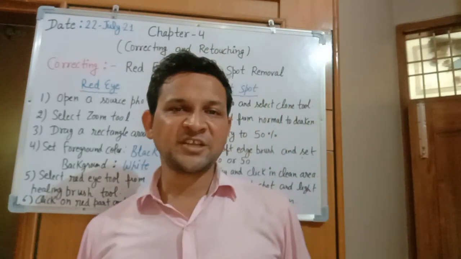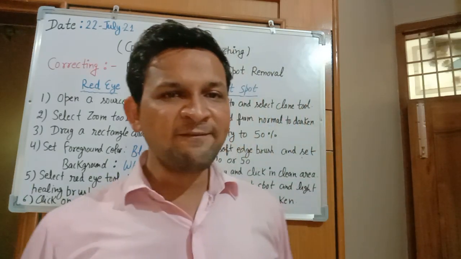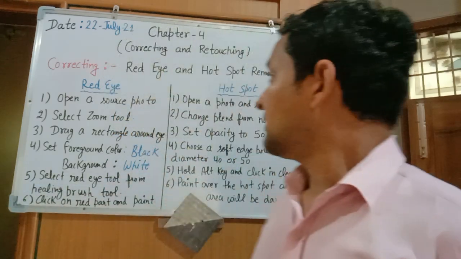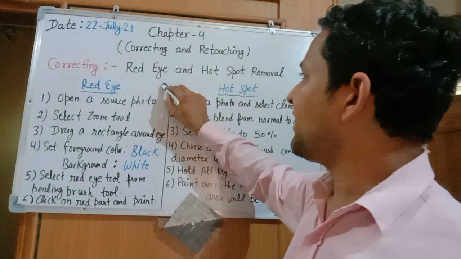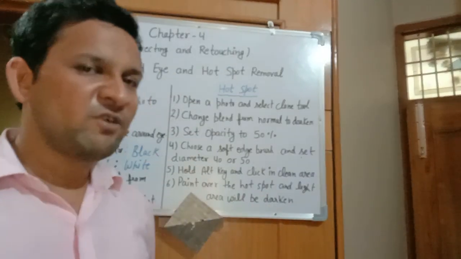How to make corrections in Photoshop software when we have a photograph that is not up to the mark. There are some problems in correcting, like red eye removal and hot spot removal. What is red eye removal?